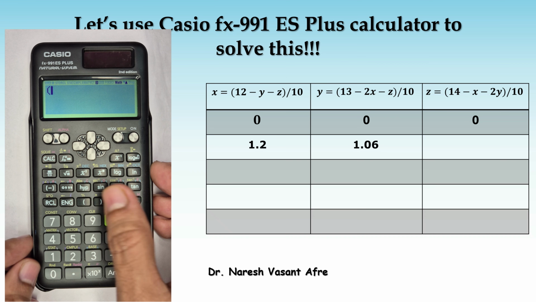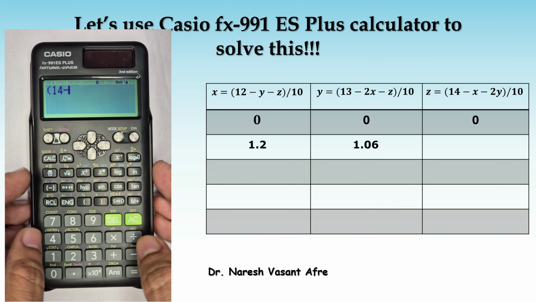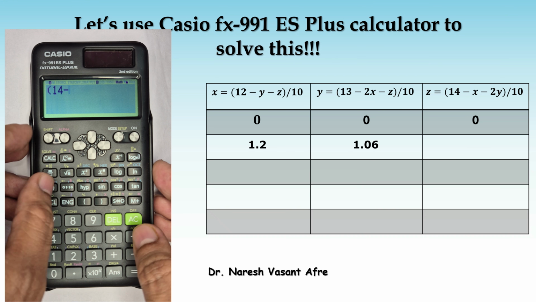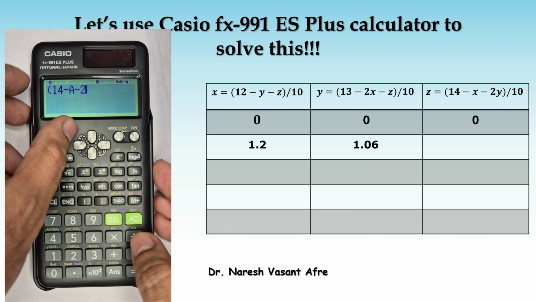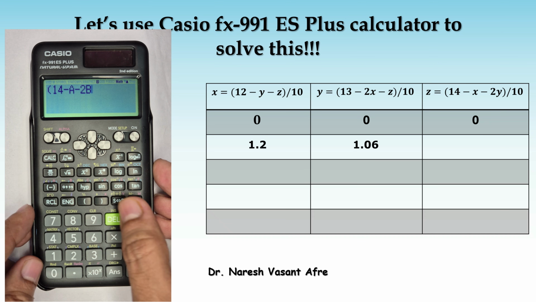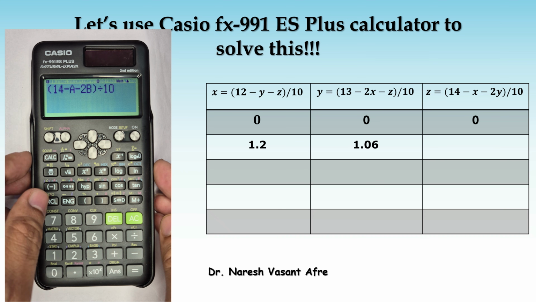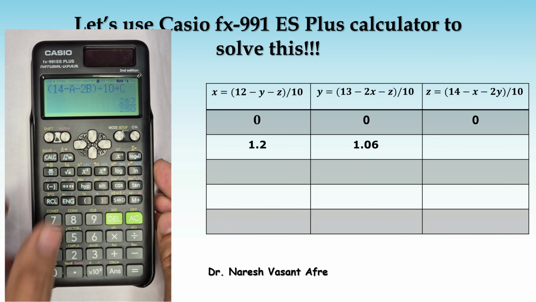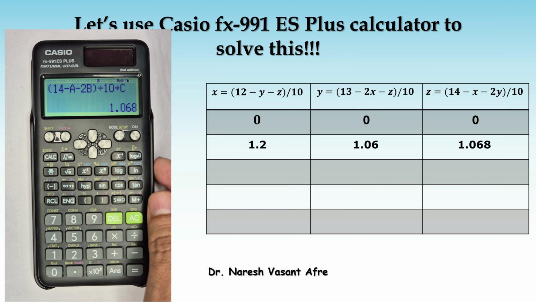Lastly, we feed the formula of z, which is 14 minus x, but the value of x is stored in a, so that is alpha a, minus 2y, that is 2 alpha b. Closing the bracket and dividing everything by 10. Now we will directly store this value in c by pressing shift store c, and that gives you the value of z, which is 1.068.